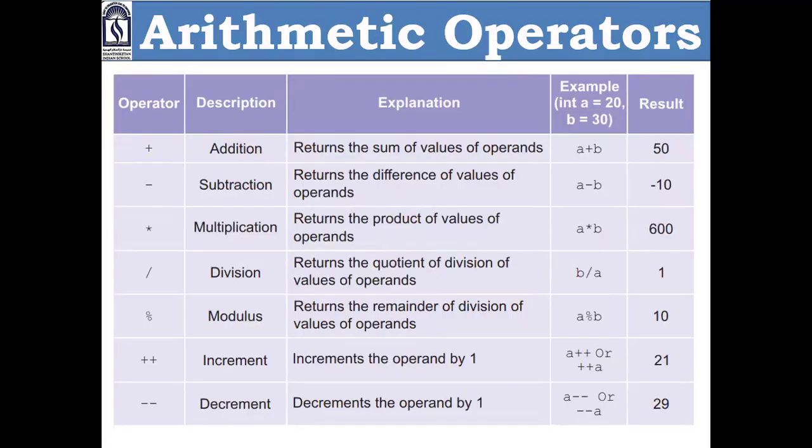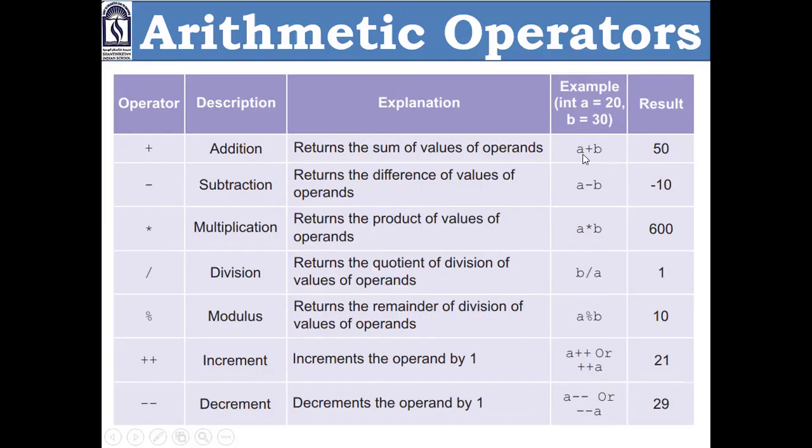See arithmetic operators: plus, minus, star, slash, percentage, increment, decrement. These come under arithmetic operators. Let us study the usage of plus. Plus means the addition operator. It returns the sum of the values of the operands. That means A is assigned 20, B is assigned 30. A is the left operand, B is the right operand. In between, plus is there.